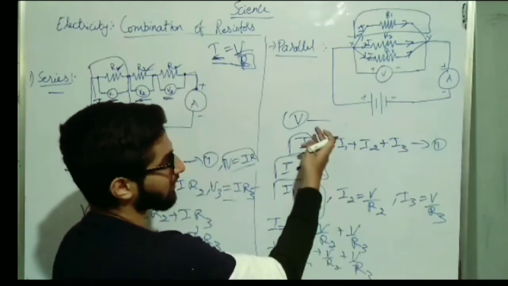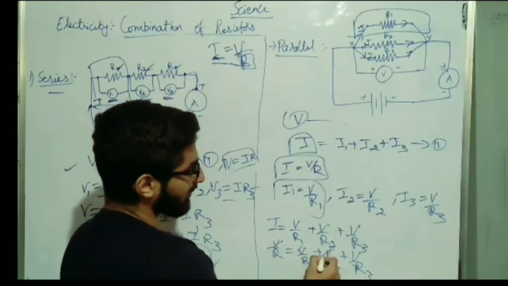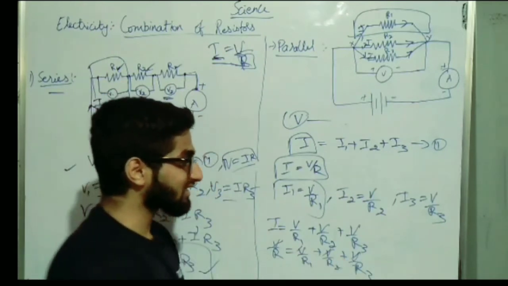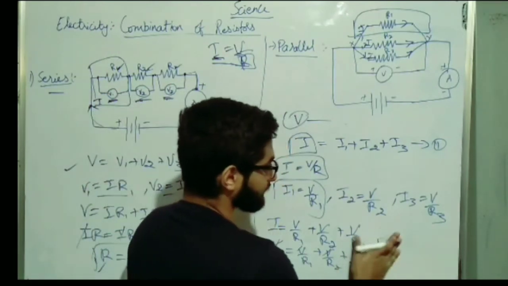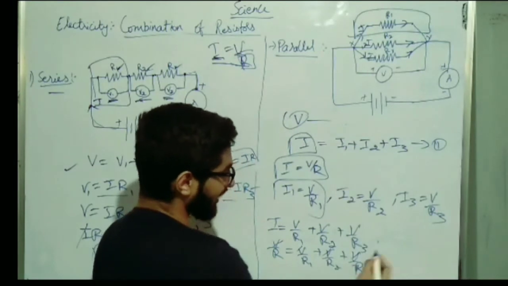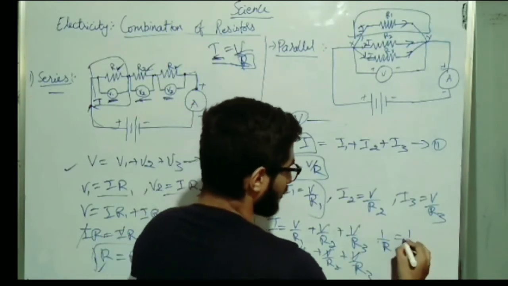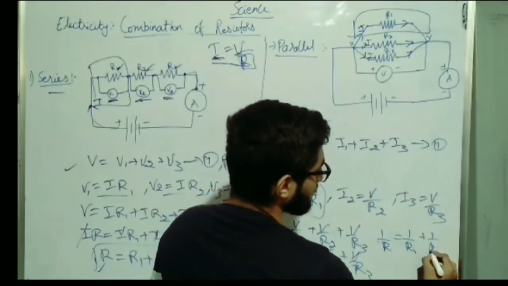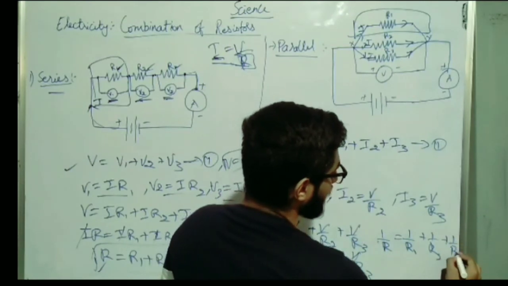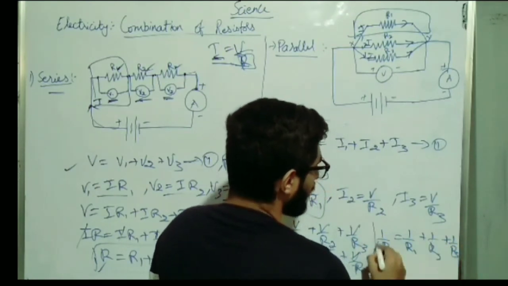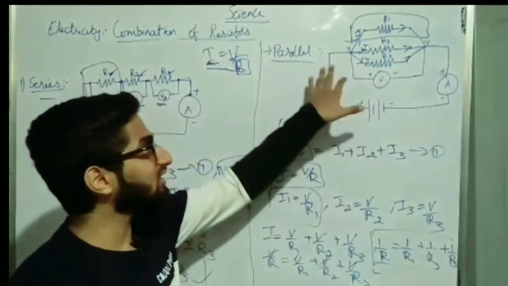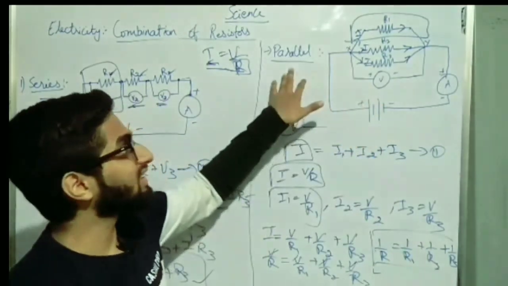Now V is the same, so take it common and you can eliminate V. So 1 by R is equal to 1 by R1 plus 1 by R2 plus 1 by R3. This is the formula by which you can calculate the total resistance in a parallel circuit.